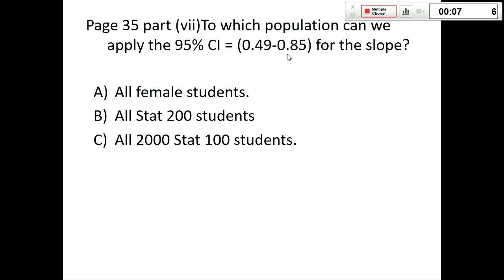So that's the 95% confidence interval, and we can be 95% sure of the true population slope of the regression equation for predicting final scores from exam scores.